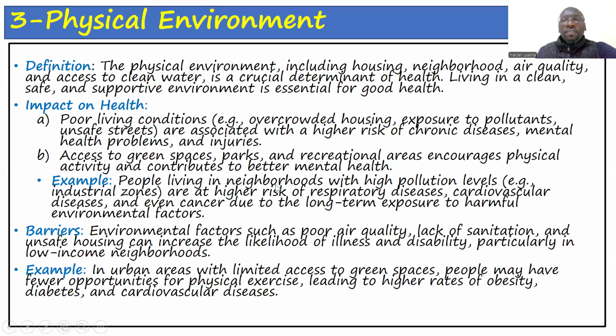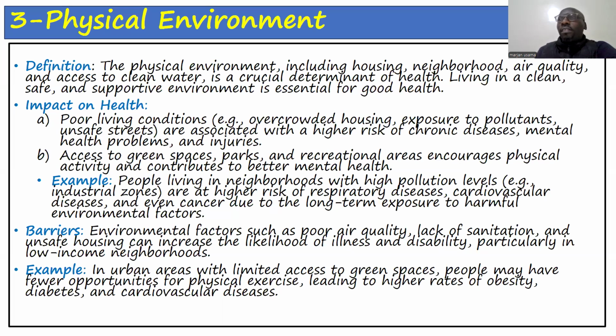So, for example, people living in neighborhoods with higher pollution levels, e.g., industrial zones, are at a higher risk of respiratory disease, cardiovascular diseases, and even cancer due to the long-term exposure to harmful environmental factors. There are some people who normally live near factories and industries, and that environment is very toxic.